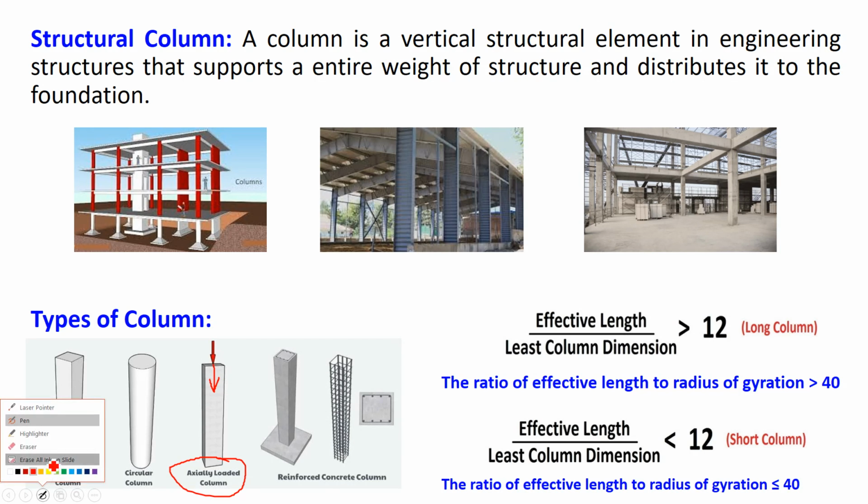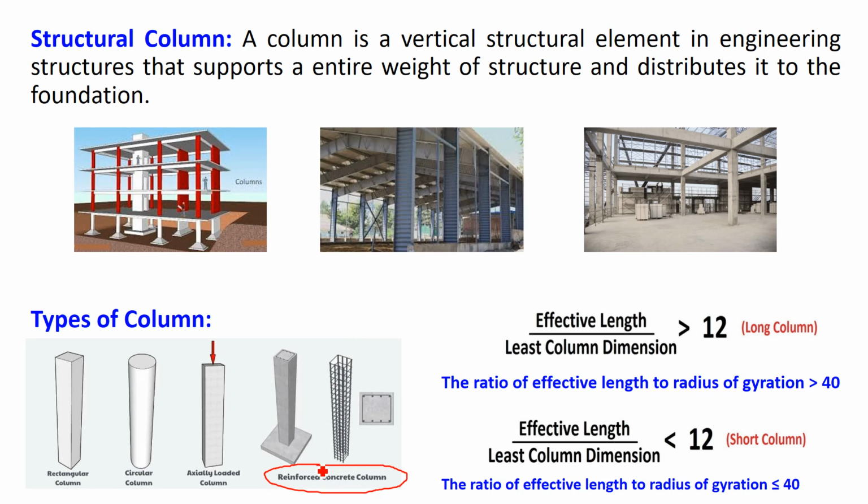And if the load is not acting at the center, if the load is acting away from the center, for example, the load is acting here, so it has some eccentricity with respect to the center line, like this E. Eccentricity is represented as E. So if the load is not at the center, an eccentric load is acting on the column, that column is called an eccentrically loaded column. Also, if a column has reinforcement, we can call it a reinforced concrete column.